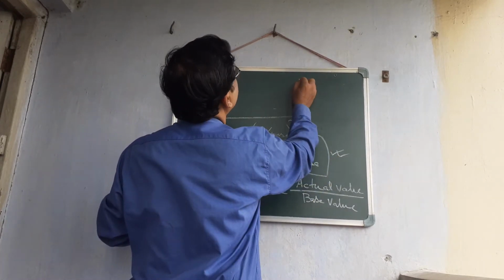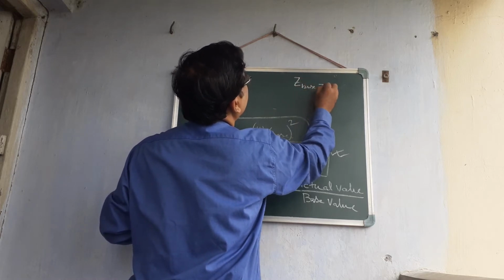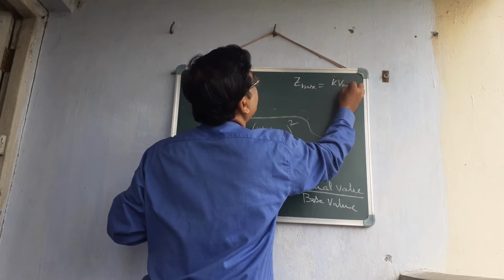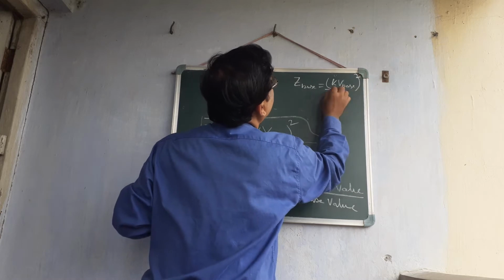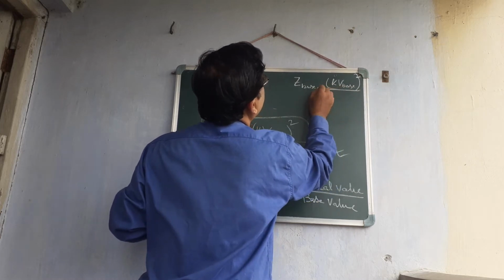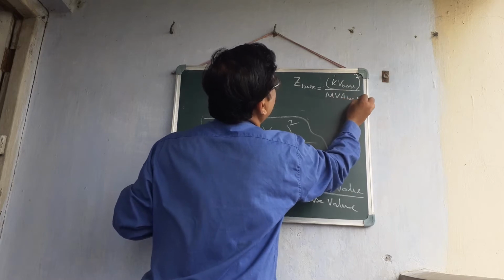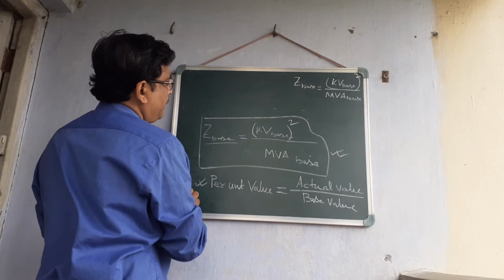Z base equals KV base square by MVA base, that is one quantity, and per unit is equal to actual by base.